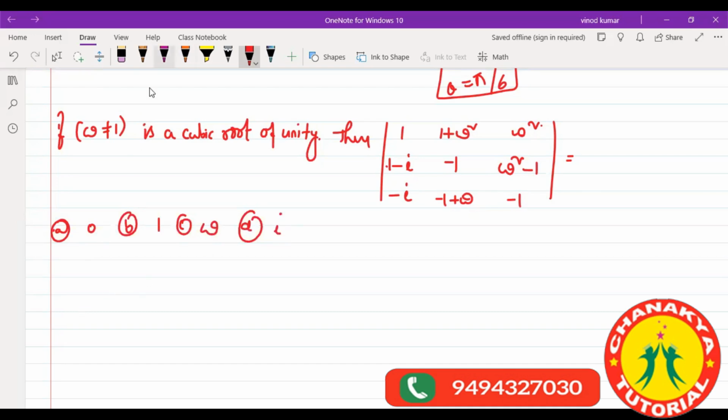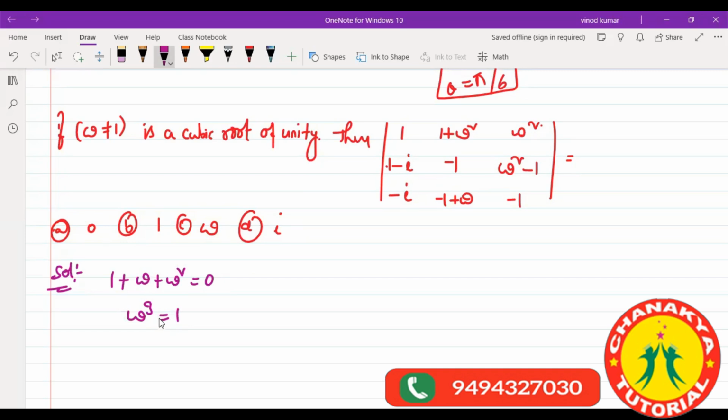The solution is, you see here, cube roots of unity: 1, omega, omega square are the roots. 1 plus omega plus omega square value is 0. Omega cube value is 1.